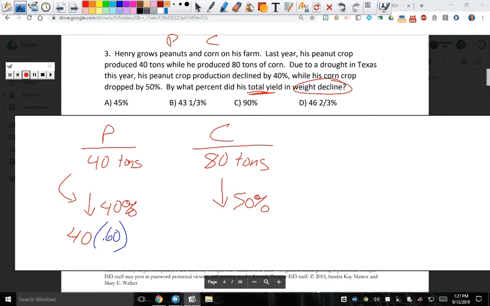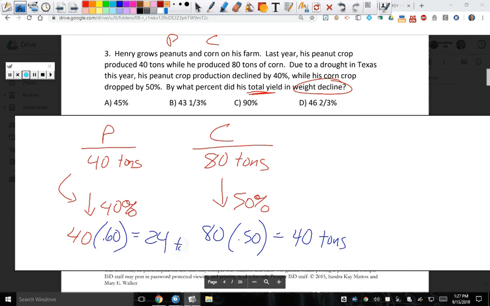That's a drop of 40%, because the magic number is 1.00. And if you drop by 50%, it'll be 50% of 80. So let's do that with the calculator real quick. 40 times 0.6, we get 24. 80 times 0.5, we get 40.